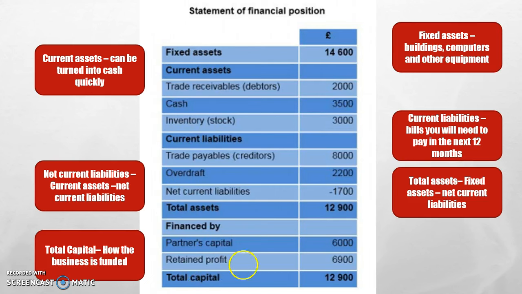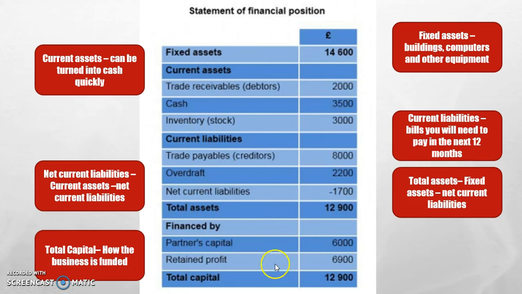If we look at our total assets, so have a think about how that total assets figure has just been worked out. It is our fixed assets up here minus our net current liabilities, or working capital. So the buildings, the computers, etc., the equipment of our business are worth 14,600. And if we take away these current liabilities, then we're left with this 12,900 figure here.